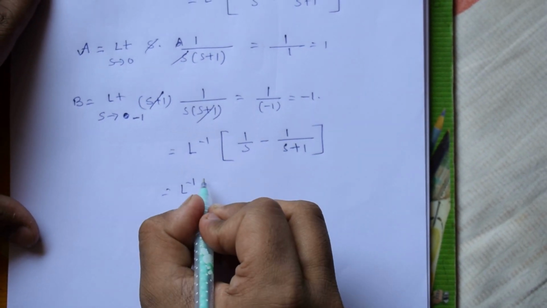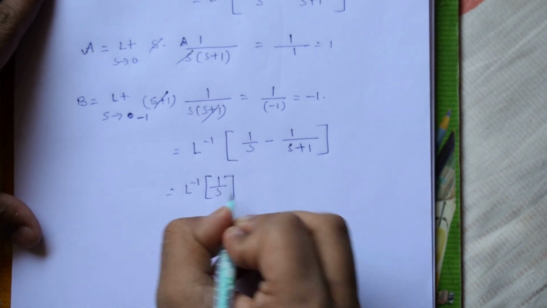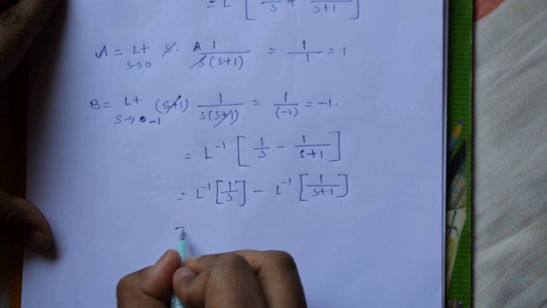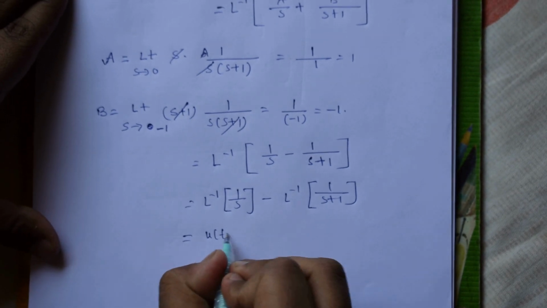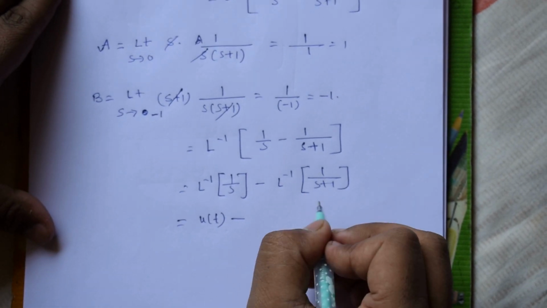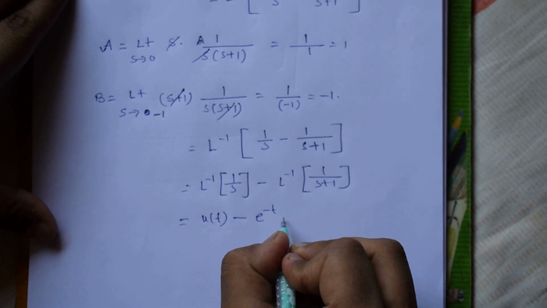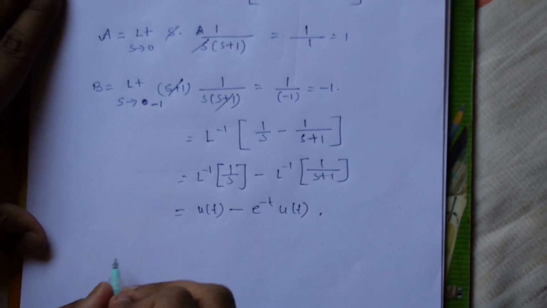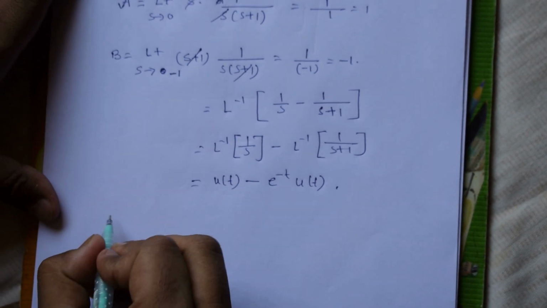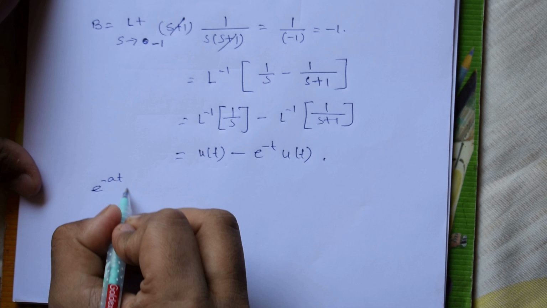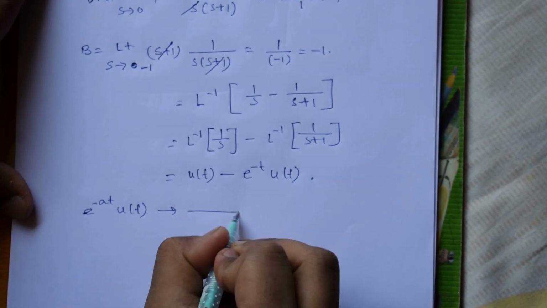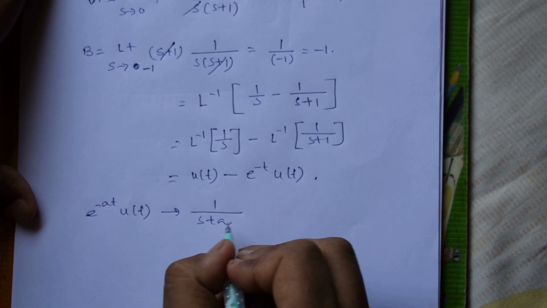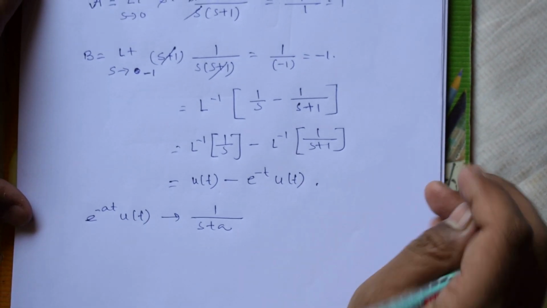So inverse Laplace transform of 1 by s minus inverse Laplace transform of 1 by s plus 1. Inverse Laplace transform of 1 by s is u(t) and inverse Laplace transform of 1 by s plus 1 is e power minus t u(t). The property I used for Laplace transform is that e power minus at u(t) is 1 by s plus a. I just did the inverse Laplace of that. Here a equals 1.